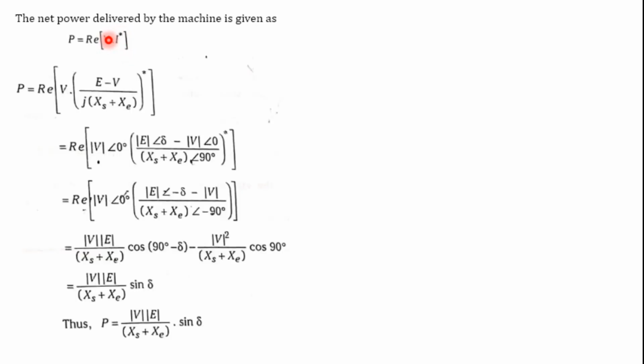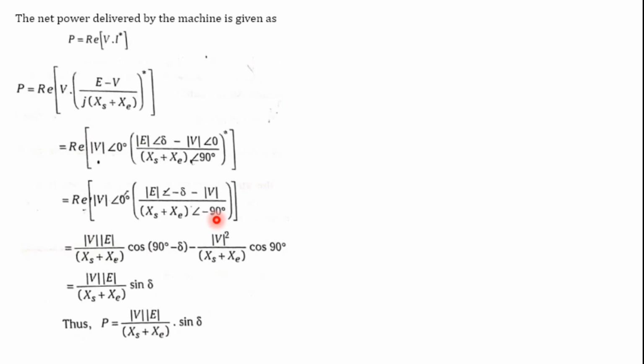In this equation we know the I value. E operates at an angle of delta and V is at 0, and j is at an angle of 90°, V being the reference.